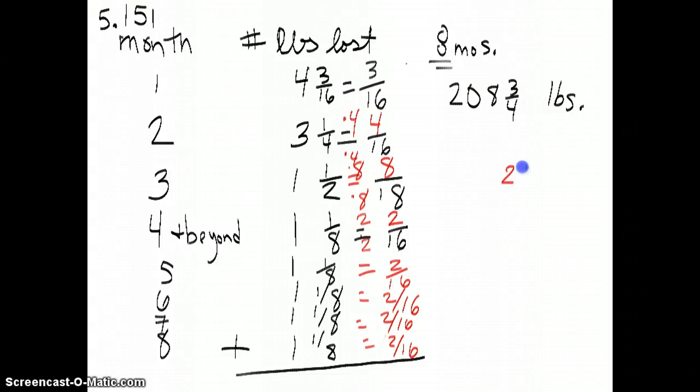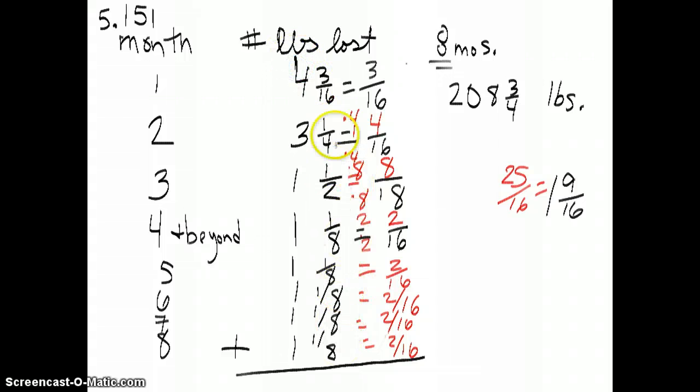So 25/16. And this is an improper fraction, so we need to convert it into a mixed number. We do that by dividing 25 divided by 16 is 1, the whole number 1, with 9 left over. So that's 1 9/16. So we're going to take this whole number 1 and we're going to carry it over here and add with the other whole numbers.